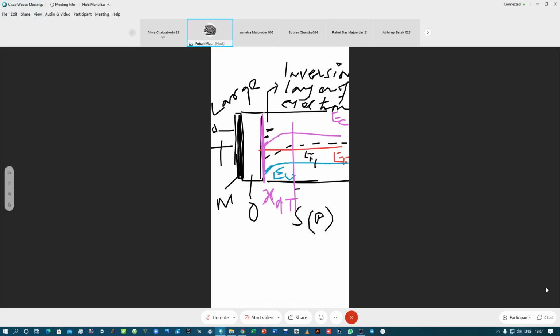So this is the inversion layer of electrons building up at the oxide semiconductor interface, and you are having band bending. Is it clear, students? Yes, ma'am.